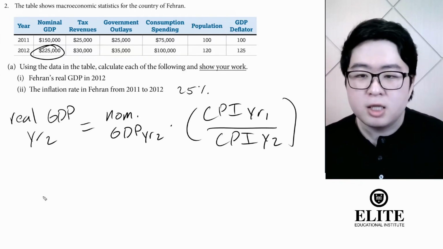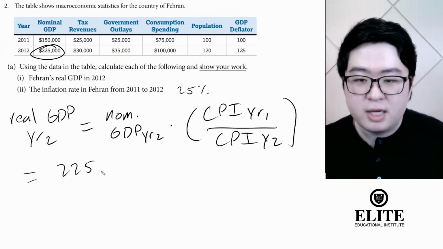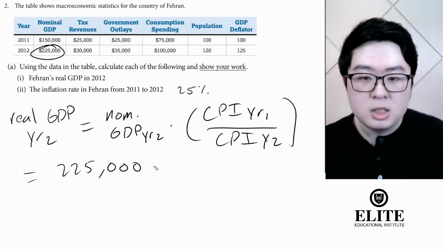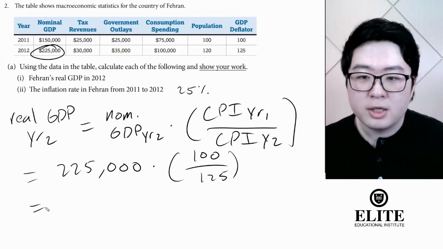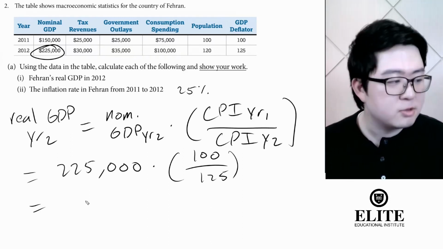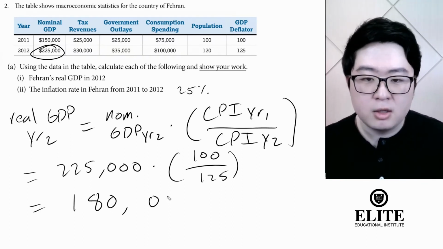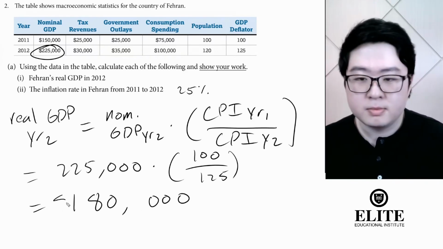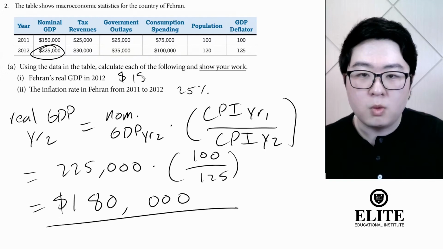Plugging in the numbers, this comes out to be $225,000 times 100 over 125, right? We plug this into our calculator, we get 225,000 times 0.8, which comes out to be, of course, $180,000. And that's going to be our answer for part one.